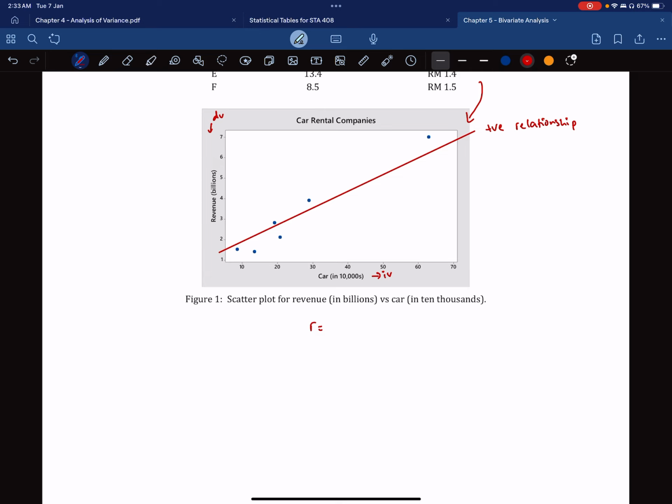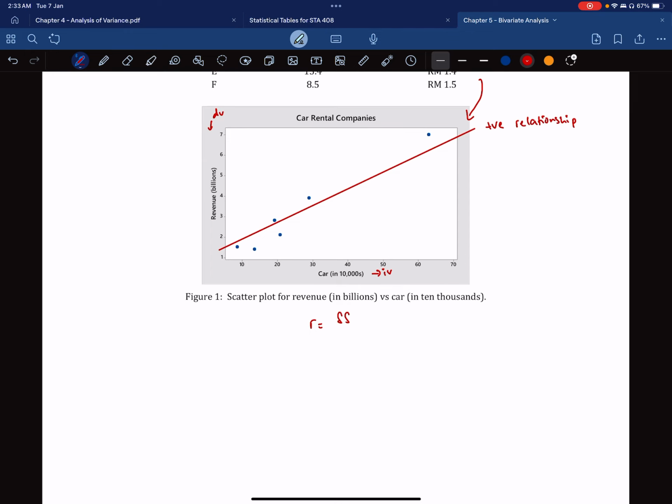In the previous notes we have the formula, which is R equals SSxy over the square root of SSxx times SSyy. So how do we get these particular values?